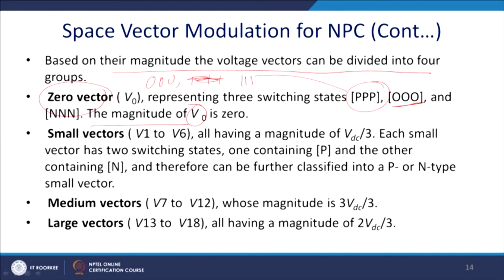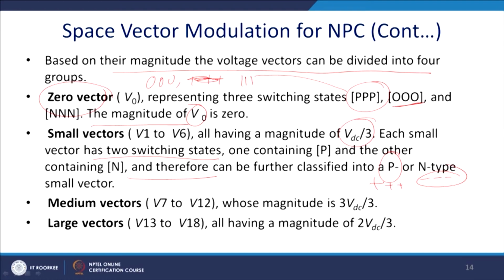The small vectors V1 to V6 all have a magnitude of VDC by 3. Each small vector has 2 switching states, one containing P and the other containing N, and therefore can be further classified as P or N type, or some books write triple plus and triple minus type small vectors.